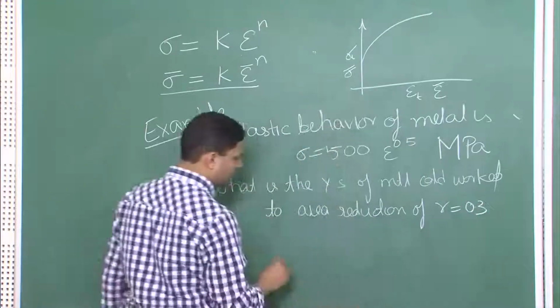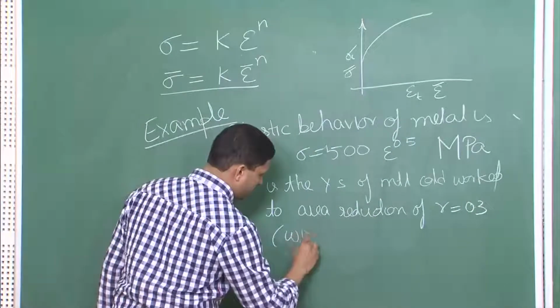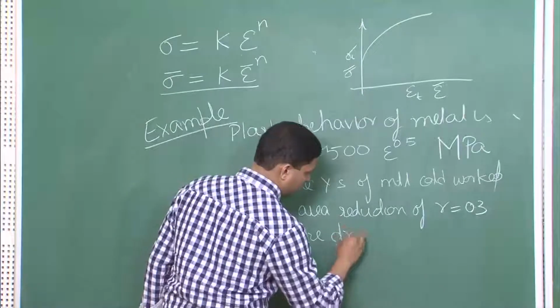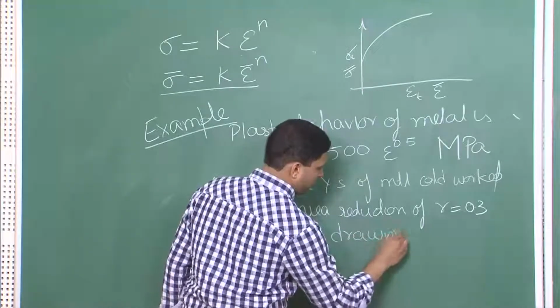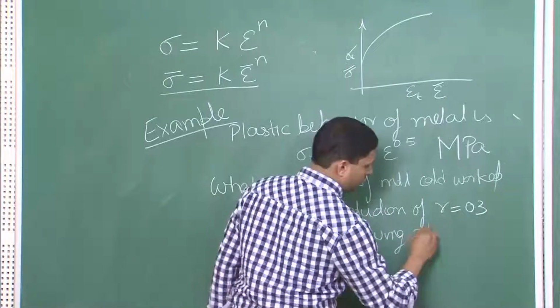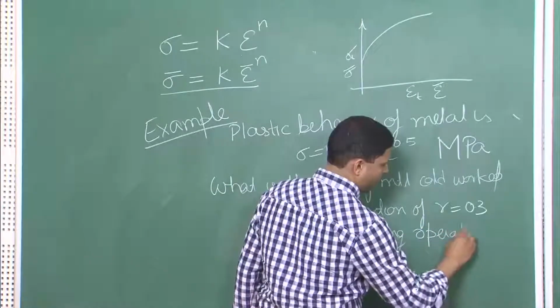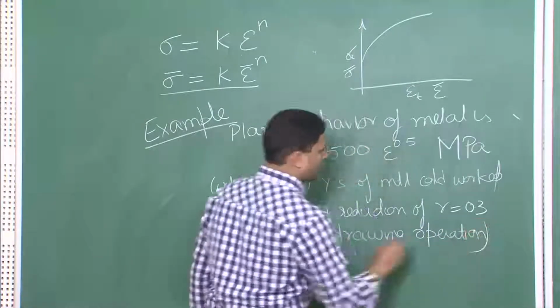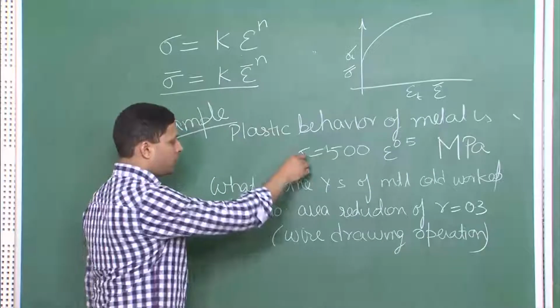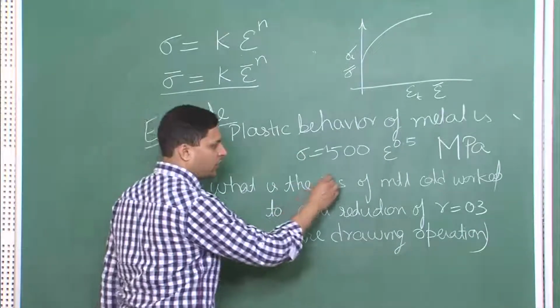You can assume something like a wire drawing operation. So, given this relation, find out the yield strength of the material.